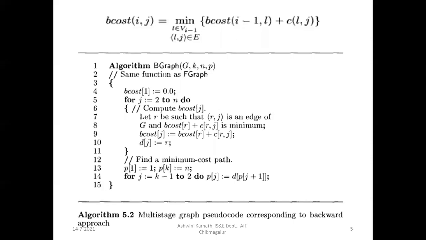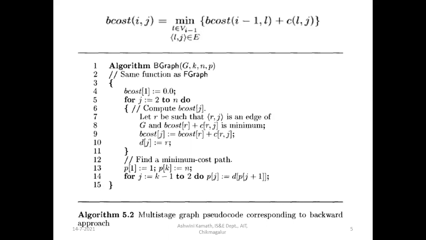This is similar to the previous one, but since we are considering the source vertex, we are considering B cost of 1 now. In the previous one we considered cost of n is equal to 0, because cost of n means the cost to the nth stage.